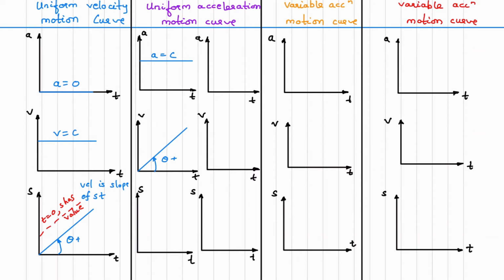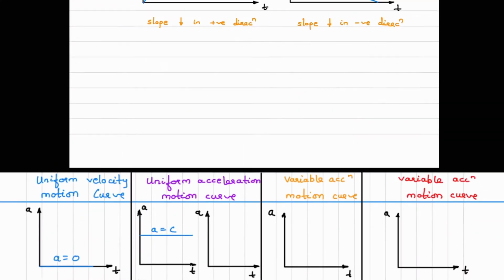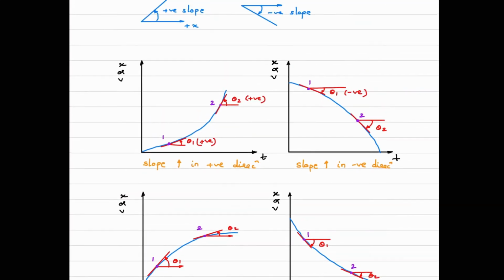Now if you see the value of velocity, it is increasing. So slope of the ST diagram should increase, and velocity is positive, so slope should be positive. Now in which case is slope increasing? In this case slope is increasing, in this case slope is increasing. So either the curve will be in this way or in this way.